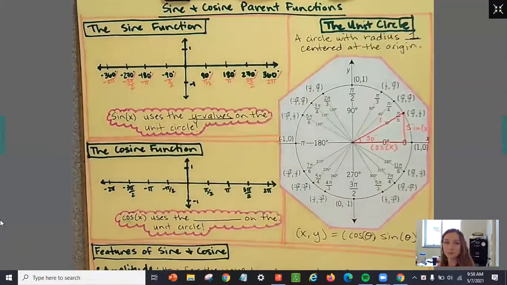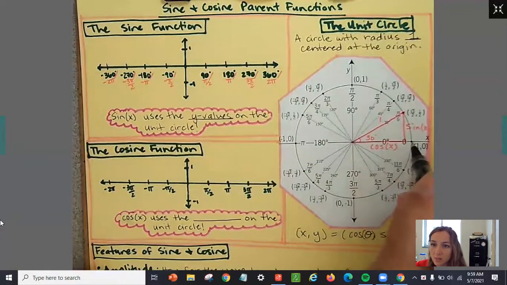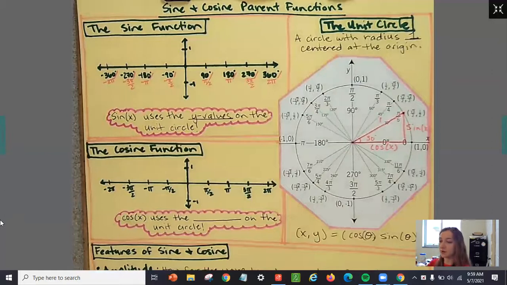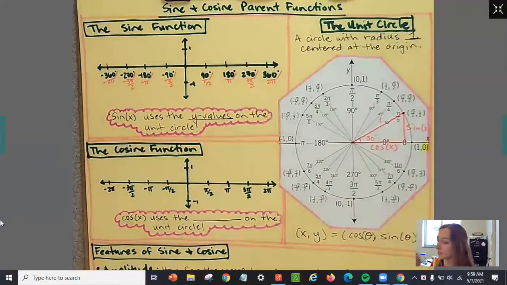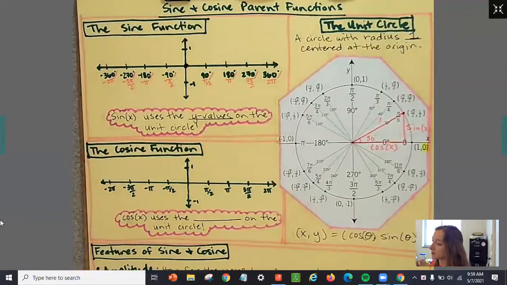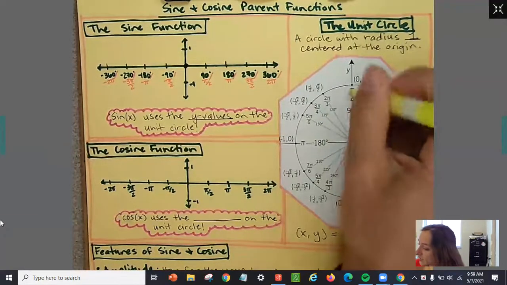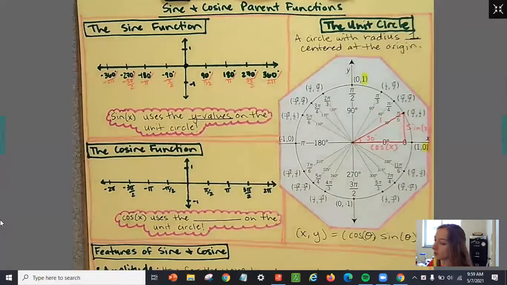on the unit circle. So let's start at 0. If I go to 0 degrees on the unit circle, my y value is 0. So 0 is going to be the first value that I'm going to plot on my sine graph. Okay, here is 0. Now let's go up to 90 degrees. All right, so here's 90 degrees, and the y value at 90 degrees is 1.